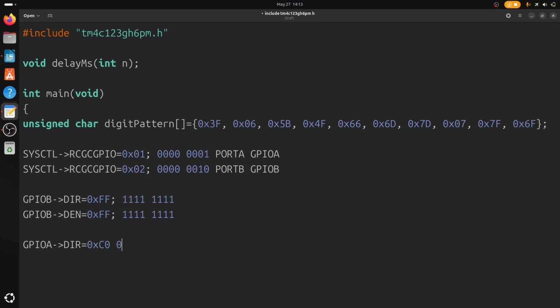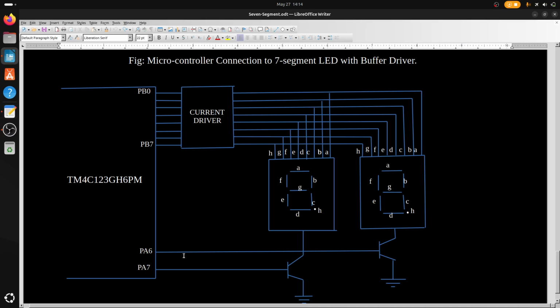C is 1100, because I'm choosing only this one: 0, 1, 2, 3, 4, 5, 6, 7. This one is pin 6, this one is pin 7. I'm choosing only pin 6 and 7 of port A, right?